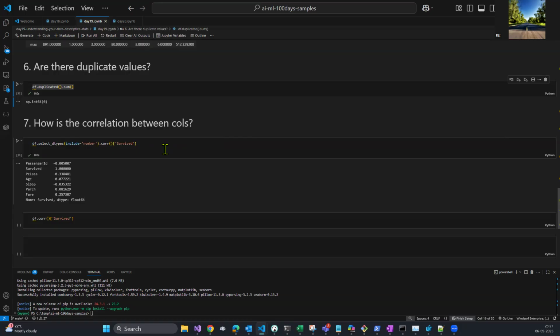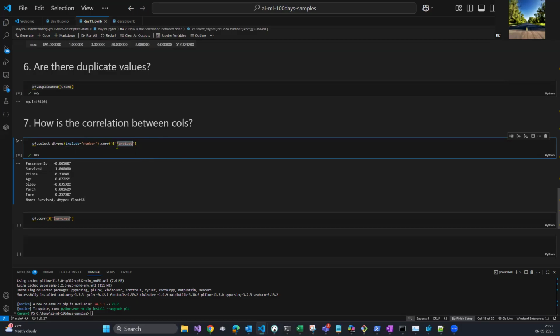And this normally also applies to numerical data only. That's where, in my data set, I have applied this filter to include only numerical columns, and give the correlation against the Survived column.